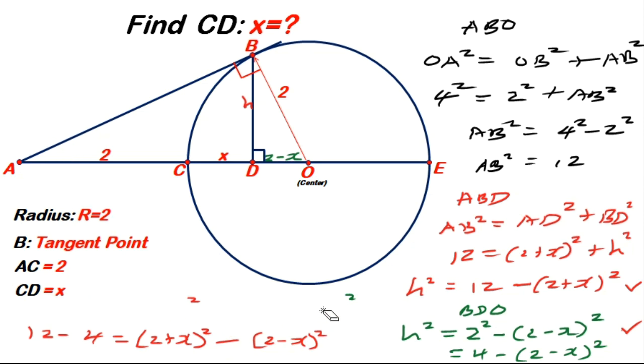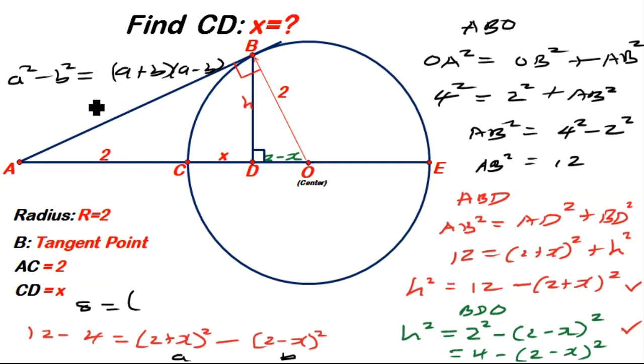Now, having done so, you can see that this is a difference of two squares. Remember, if you let this be a and this be b, it is like you have a squared minus b squared, which is a difference of two squares. That is going to be a plus b into a minus b. So this means 12 minus 4 is going to be 8, equal to a plus b.